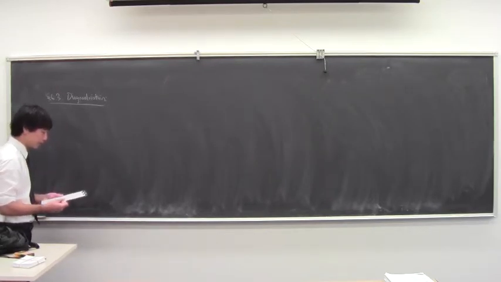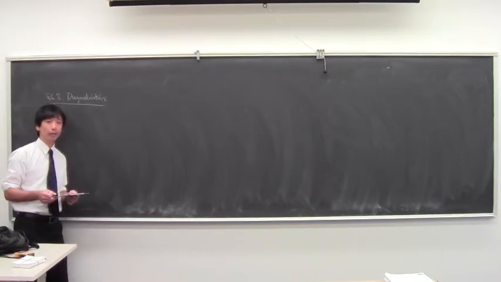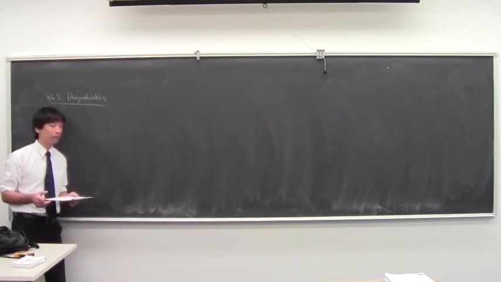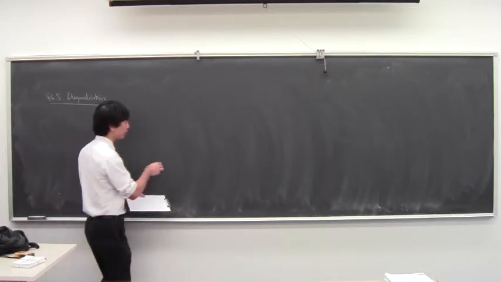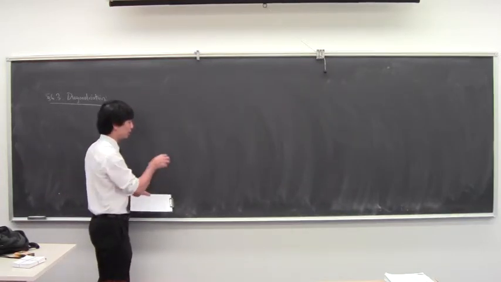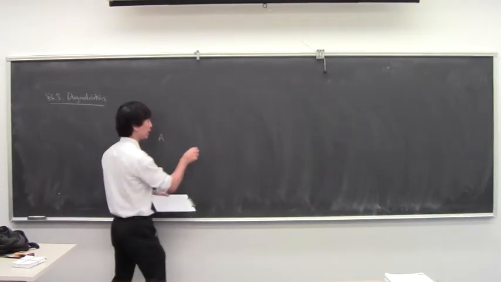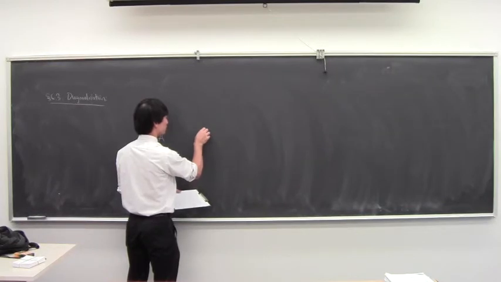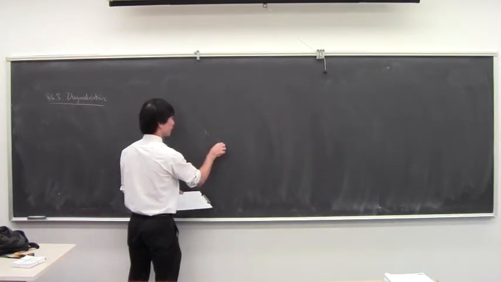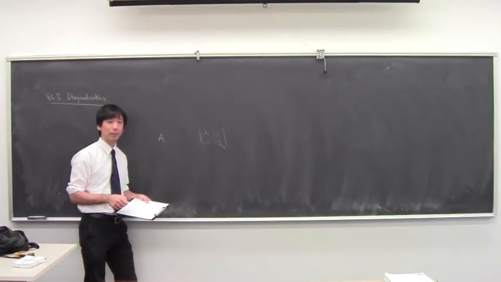Okay, diagonalization. So the idea here is that you have some matrix, and you have this other matrix, a diagonal matrix of eigenvalues.